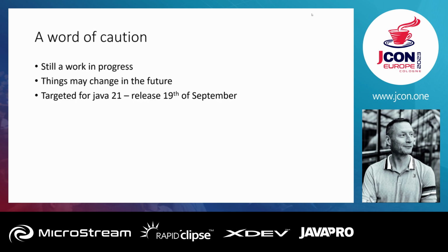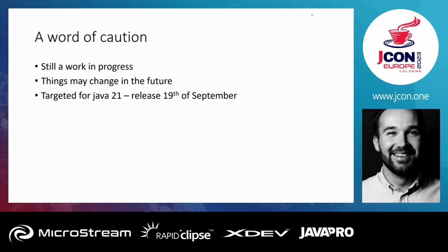But before I start, just a word of caution. Some of the things are still a work in progress. With Java 21, which will be released in September, you will get the virtual threads. They will become mainstream. So the things you will see with virtual threads during this session will all work when you have Java 21 later this year.